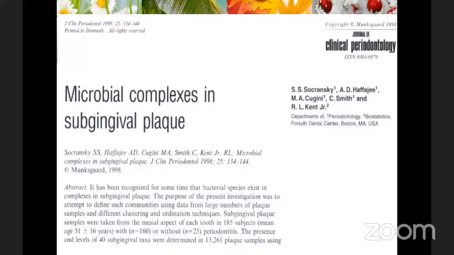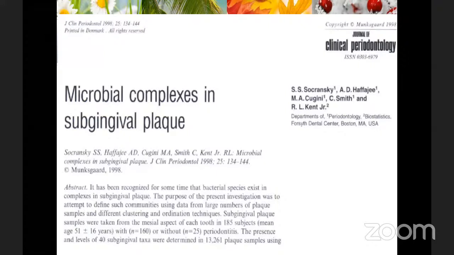Each sample was individually analyzed for the presence of different subgingival species. They used DNA checkerboard hybridization, and in this study they classically determined 40 subgingival species.